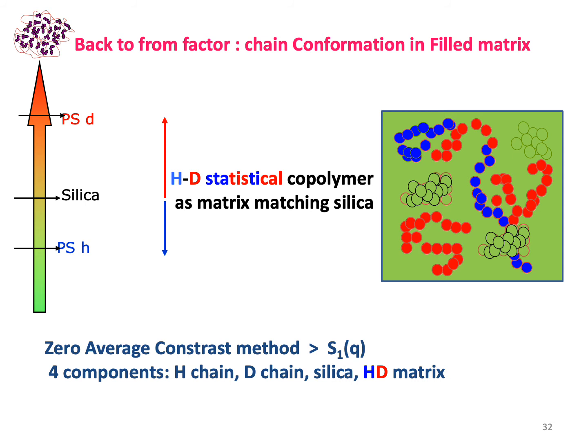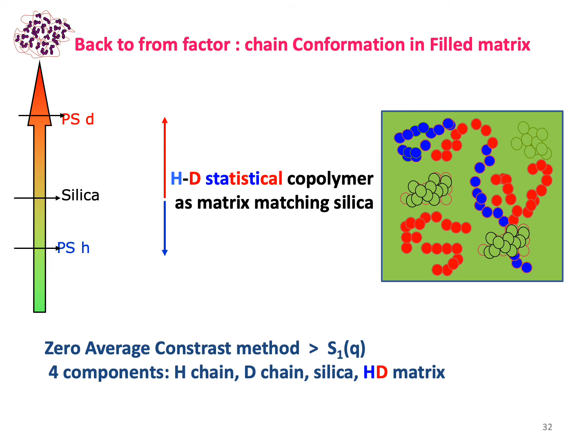Actually, a way to hide the nanoparticles in the sample and see only the chains is to use the sophisticated zero average contrast method. We synthesize a copolymer made of H normal monomer and D deuterated monomers, which in average has the same scattering length density as the silica.